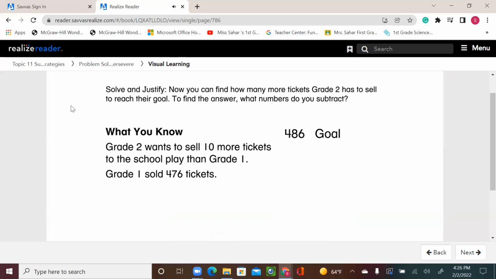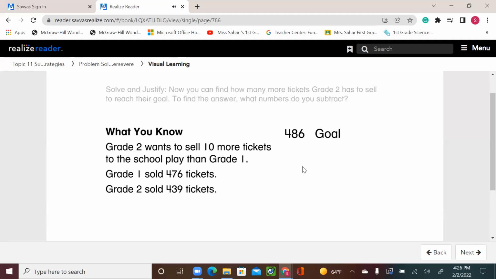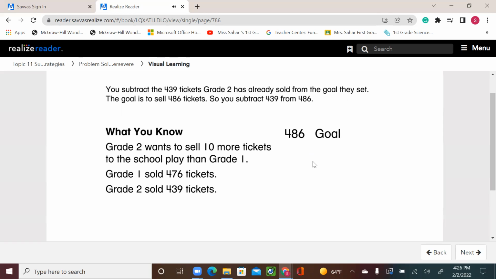Solve and justify. Now you can find how many more tickets Grade 2 has to sell to reach their goal. To find the answer, what numbers do you subtract? You subtract the 439 tickets Grade 2 has already sold from the goal they set. The goal is to sell 486 tickets.